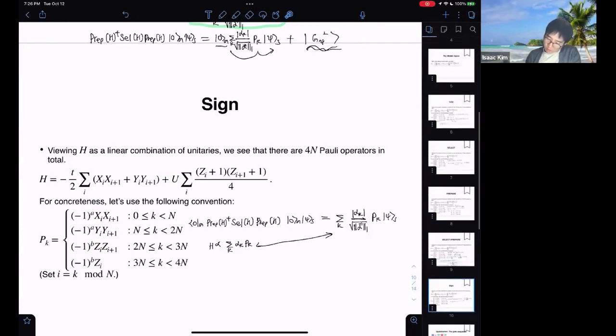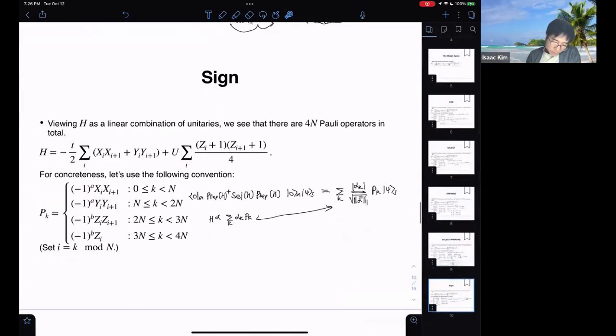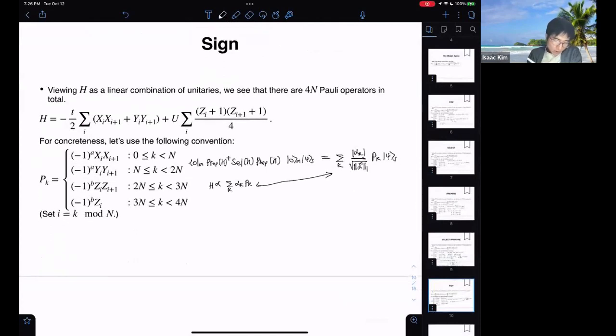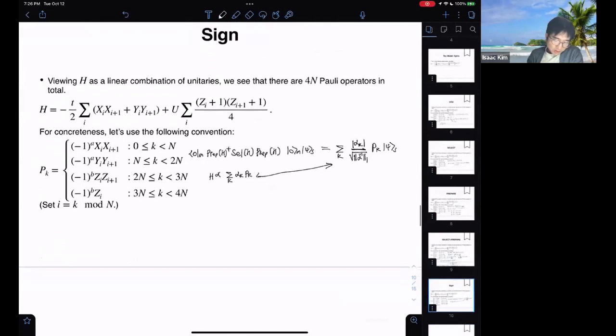So to be concrete, for concreteness, suppose I already had a circuit that implemented this operation. Let's say I have a single qubit, and this is some system consisting of more than one qubit.